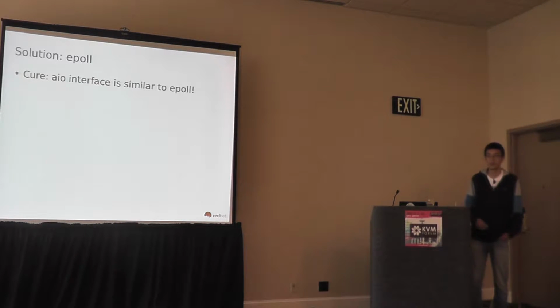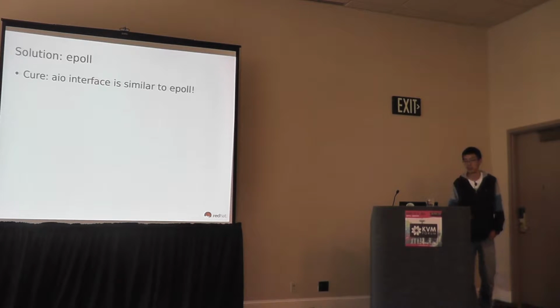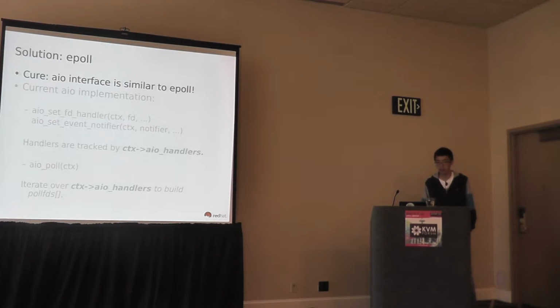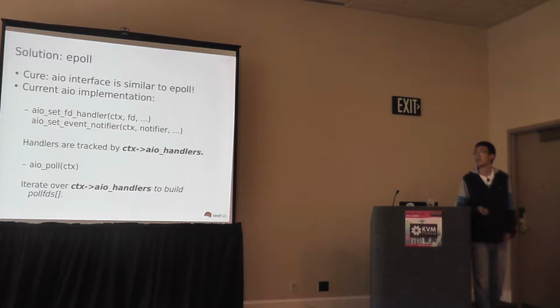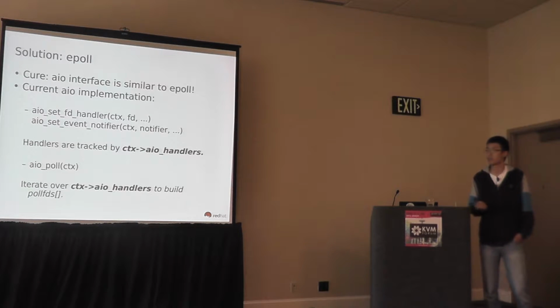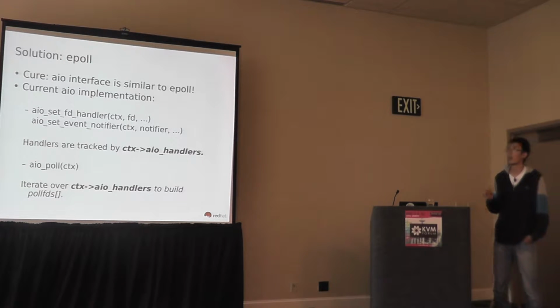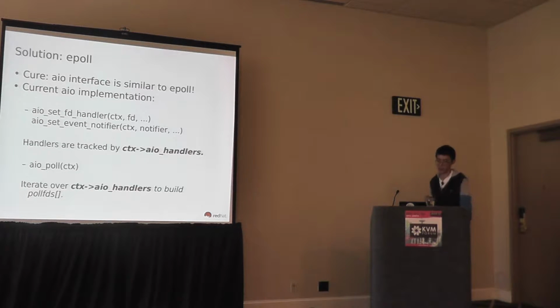In AIO, you create an AIO context, and you call aio_set_fd_handler to add or remove file descriptors to this AIO context. So that's what we can do. We can convert the AIO API to make it use the epoll system.